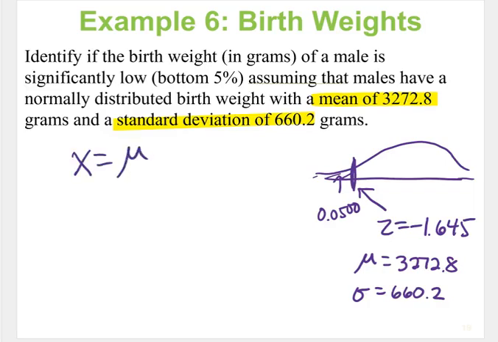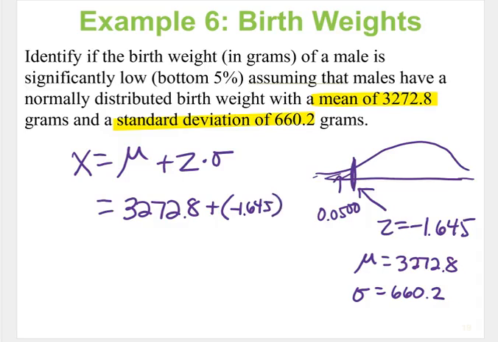X equals mu plus z times sigma. So I'm going to plug in everything I know. I know my mu is 3272.8. I know my z is negative 1.645. And I know my sigma is 660.2. So I'm going to throw all that in my calculator because I'm definitely not doing that by hand.